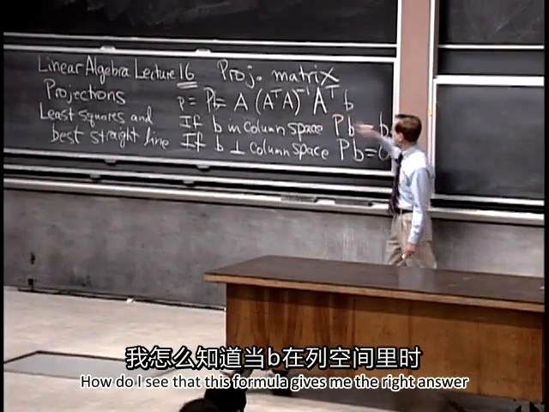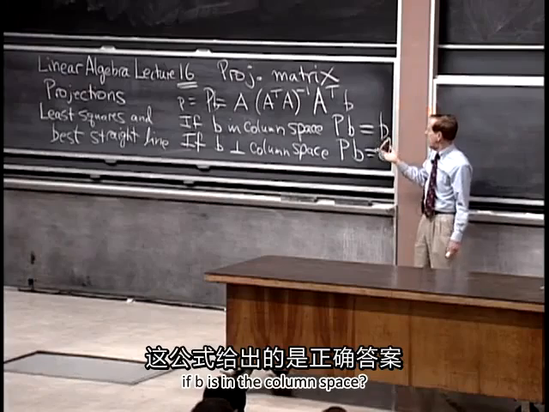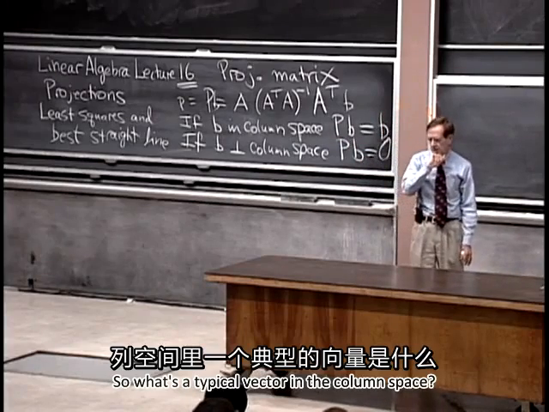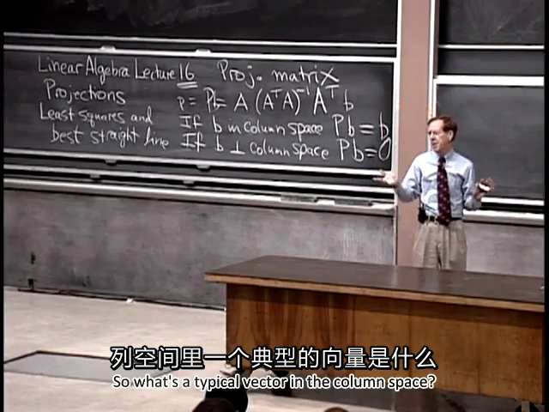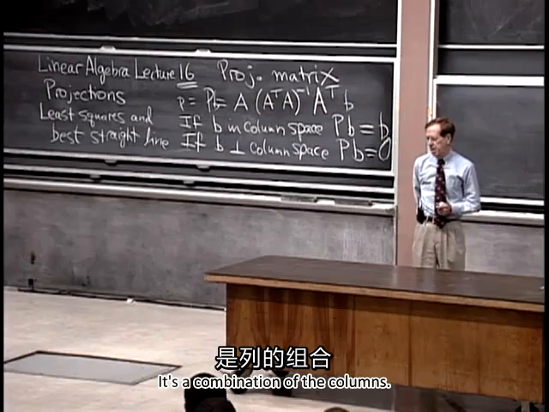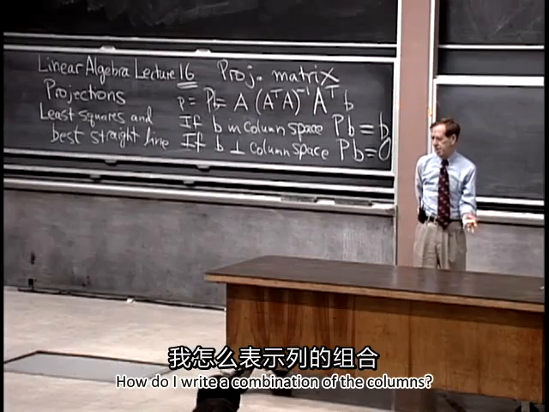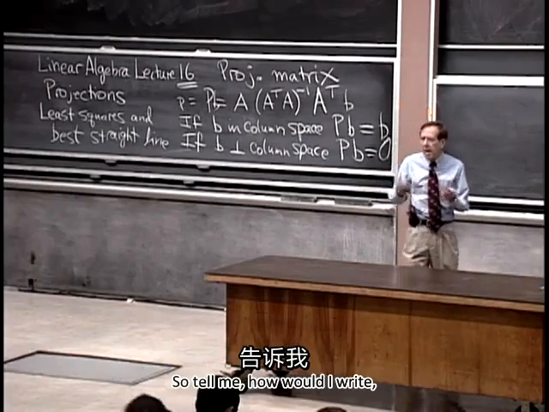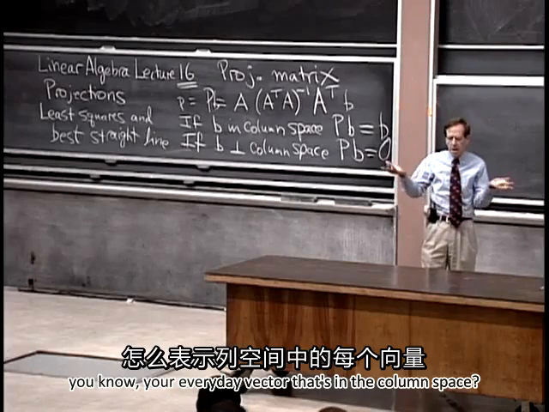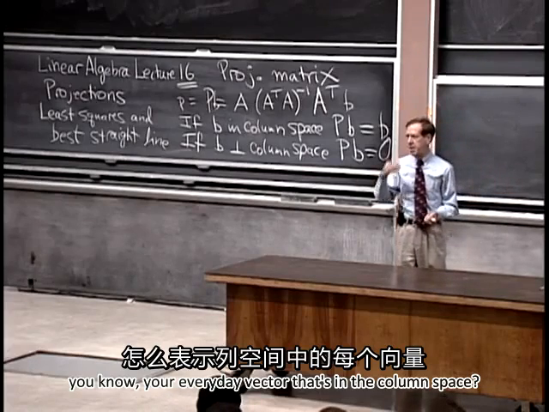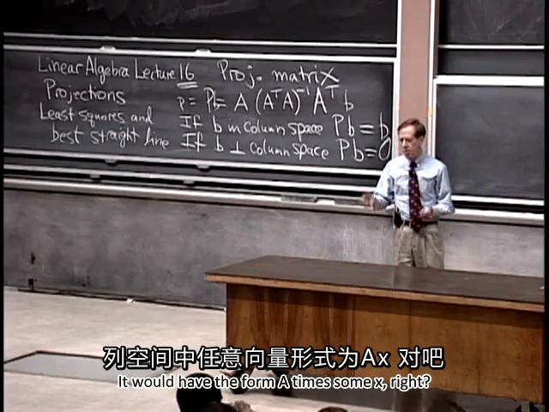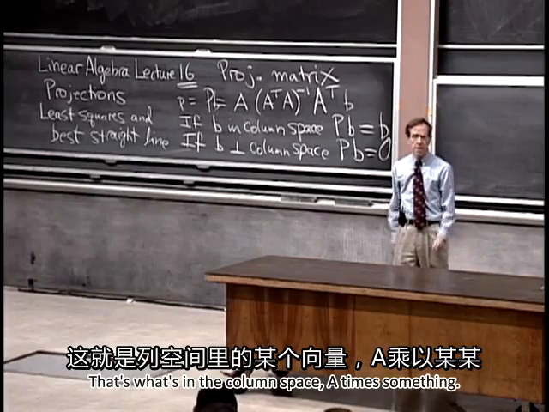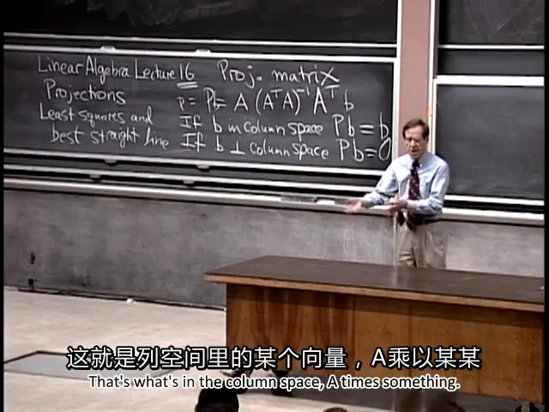Okay, what about the other possibility? How do I see that this formula gives me the right answer if b is in the column space? So what's a typical vector in the column space? It's a combination of the columns. How would I write your everyday vector that's in the column space? It would have the form A times some x, right? That's what's in the column space, A times something.